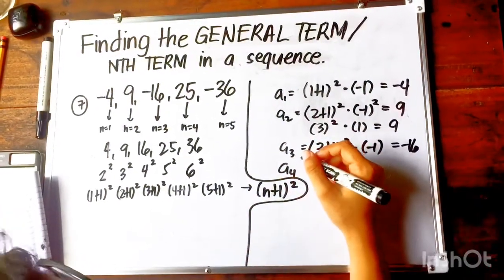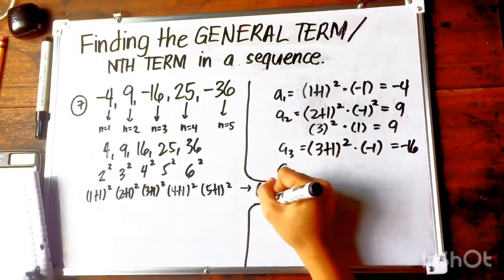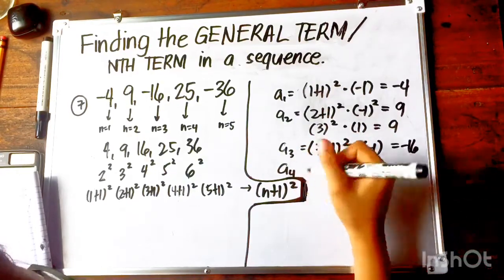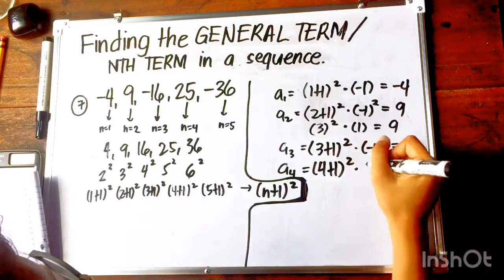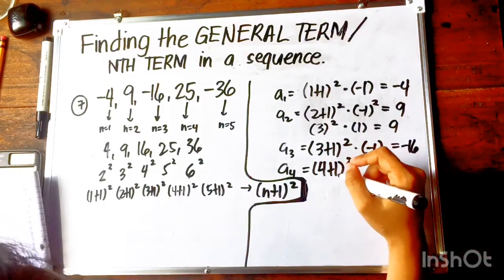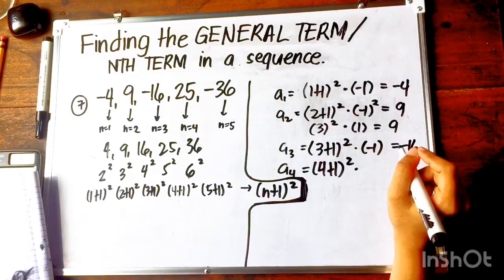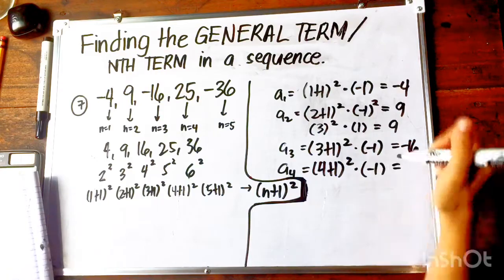A sub 4 is just 4 plus 1 squared, so this is 25. Kung ma-times tayo negative, magiging negative 25 siya.